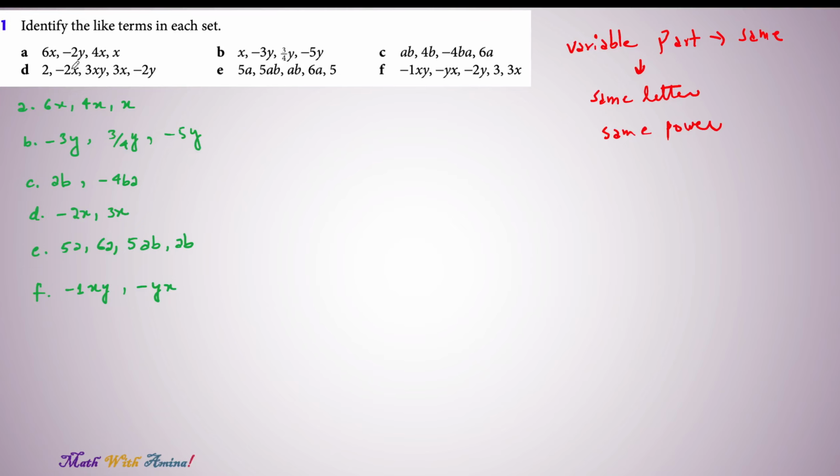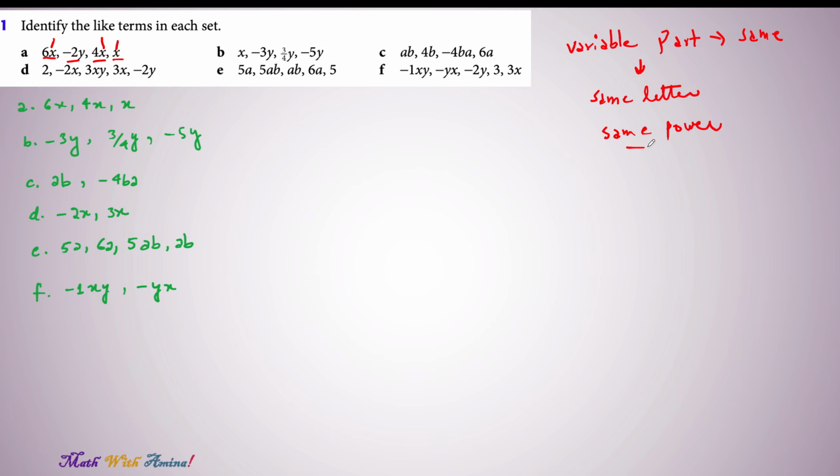In the very first set, as you can see, we have 6x, minus 2y, 4x and x. If we look for the like terms, we look for the same letter. For the variable x, 6x, 4x and x have the same letter.